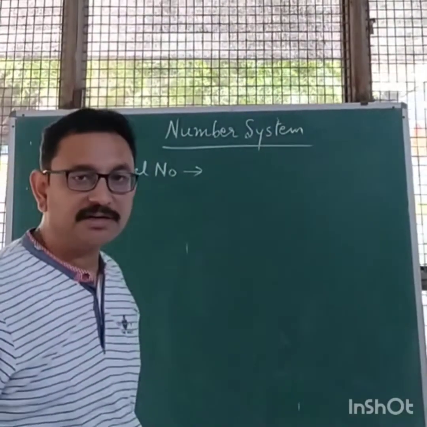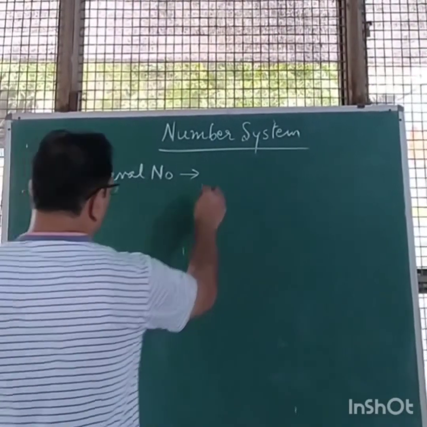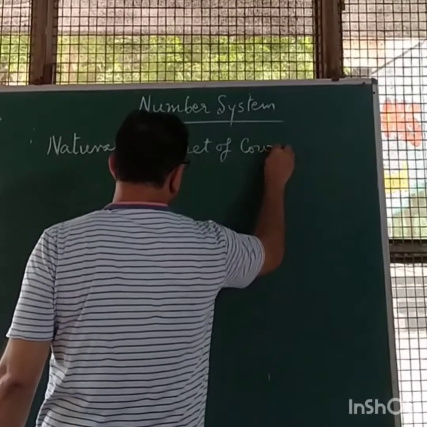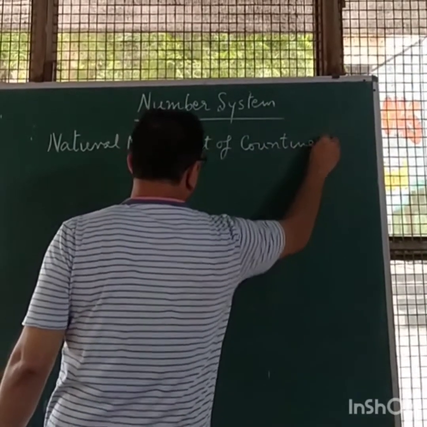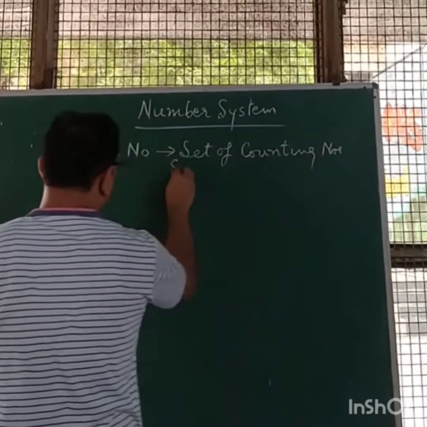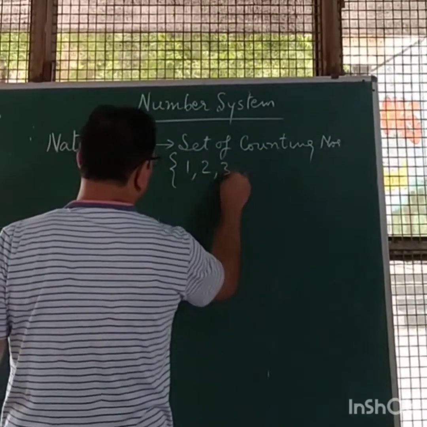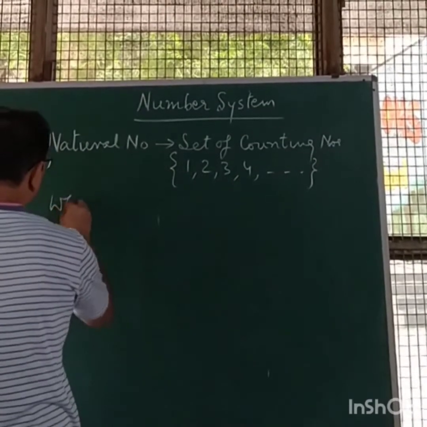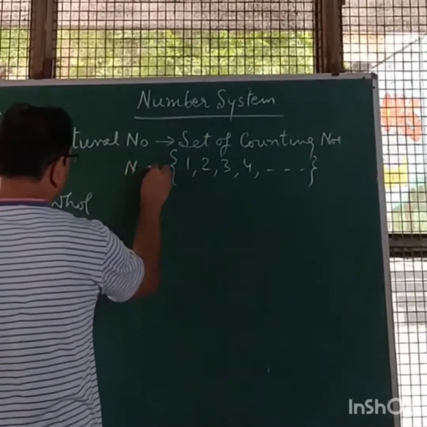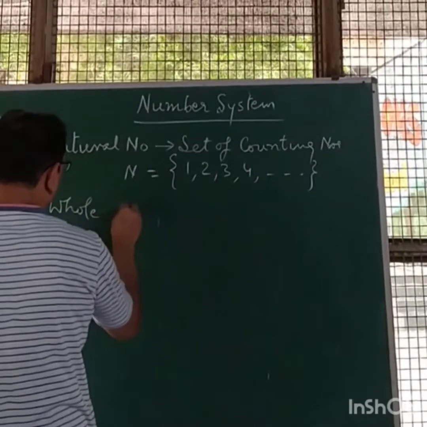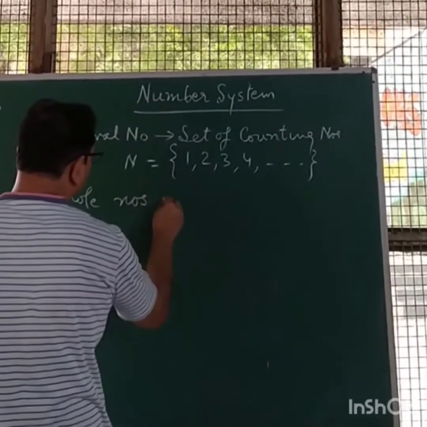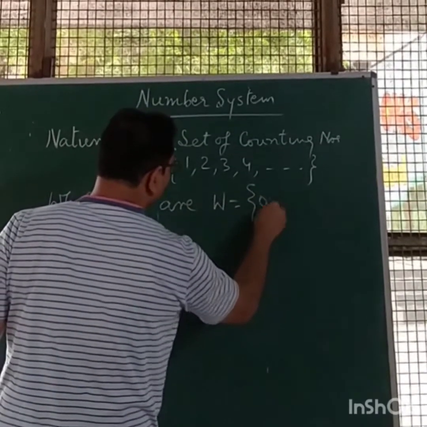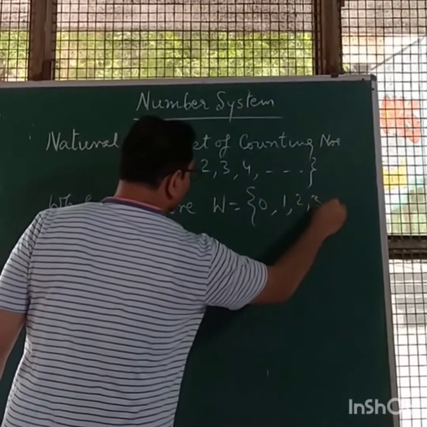As I have already said, natural numbers are the set of counting numbers: one, two, three, four, and so on. Whole numbers are represented by capital W, and they include 0, 1, 2, 3 and so on.